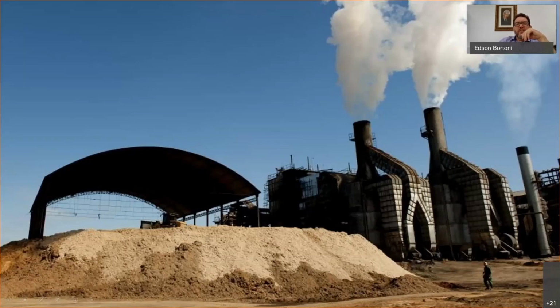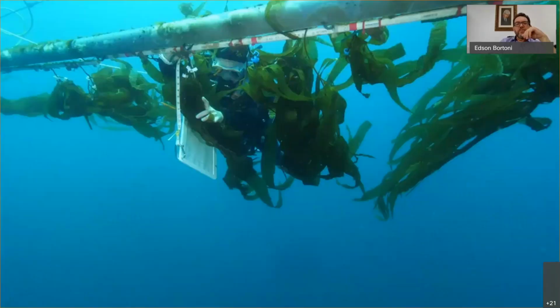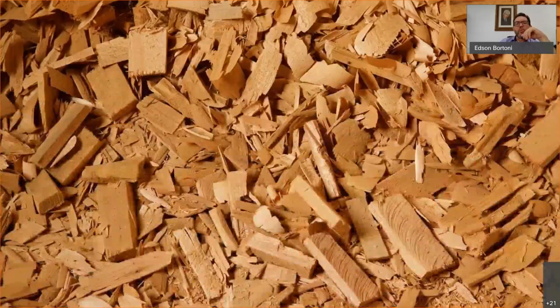So it's very interesting. Another source of bioenergy is the algae from the ocean. We are studying algae. It's very important too. And we can use wood, rice, wasted wood, and so forth. Many ways to give this heat.